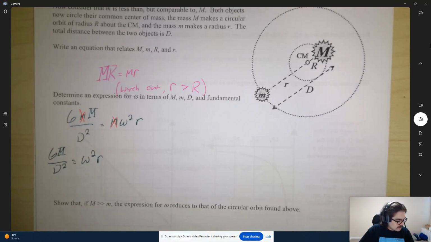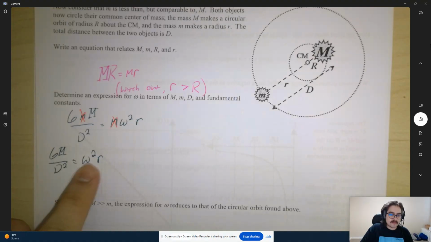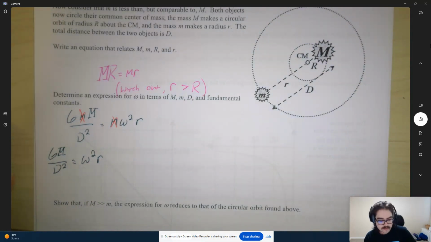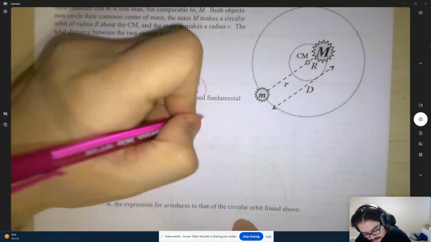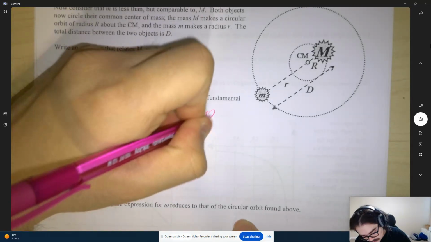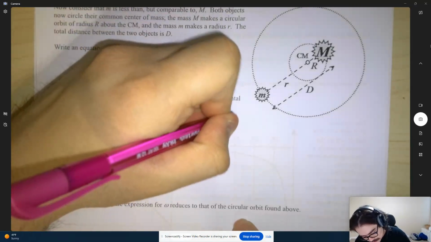I should also note that I've got omega squared and r. I actually need to get a new expression for r, and that's what I'm going to do right here off to the side really quickly. I started out with the expression up here, which was capital M R equals little m r.